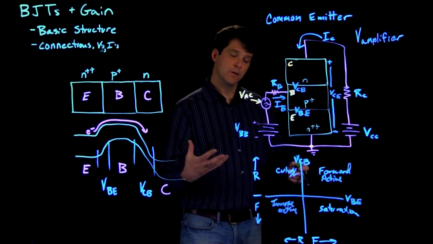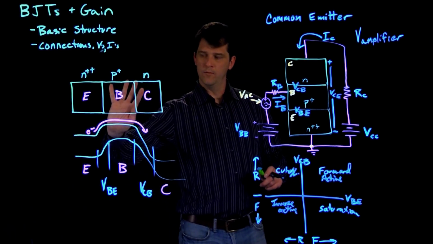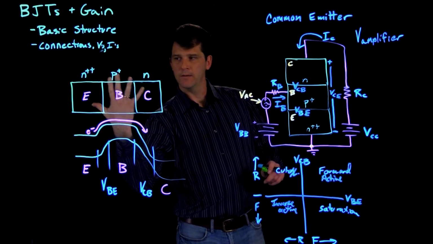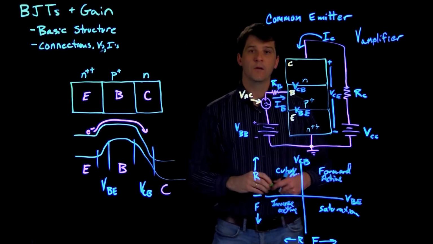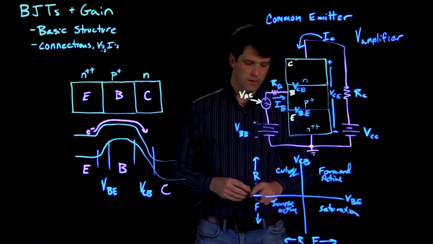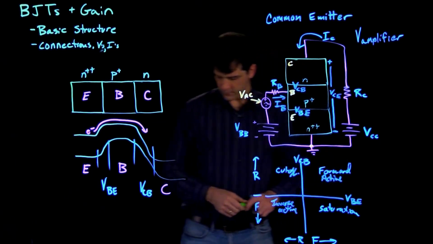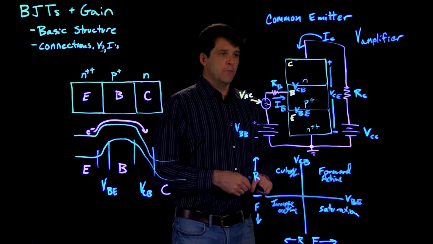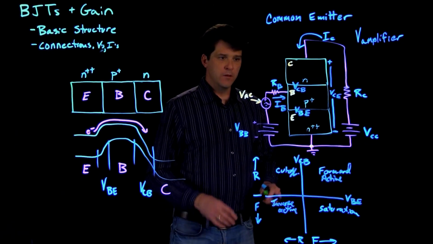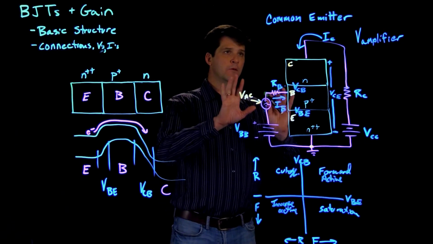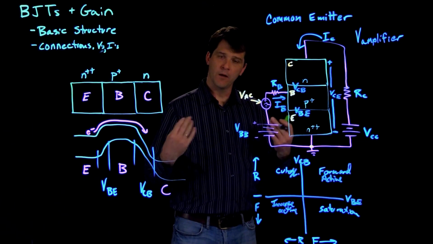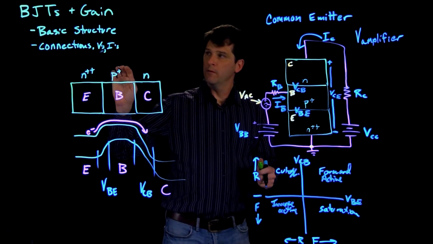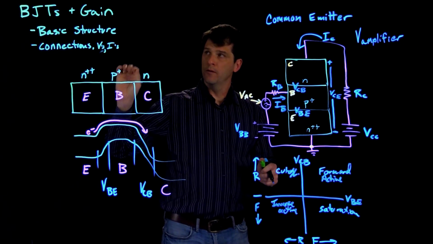So this is like flipping the emitter and collector on the junction, but things don't work symmetrically, as we pointed out before. So what we'll do next is examine the currents using this common emitter configuration, and then figure out how those currents relate to gain.